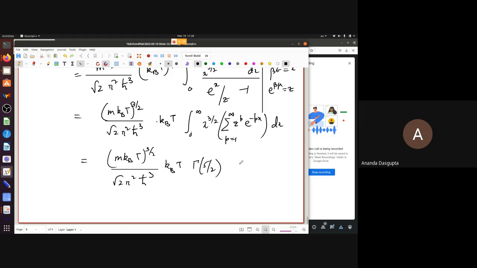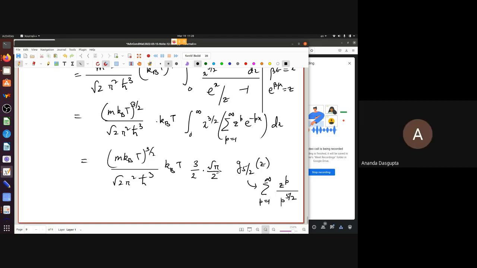times g 5 by 2 of z, which is of course nothing but the sum over all p going from 1 to infinity. And gamma 5 by 2, does anybody remember how much gamma 5 by 2 is? It is 3 by 4 root pi, that is, 3 by 2 into root pi by 2.